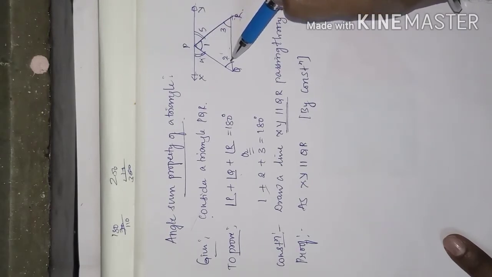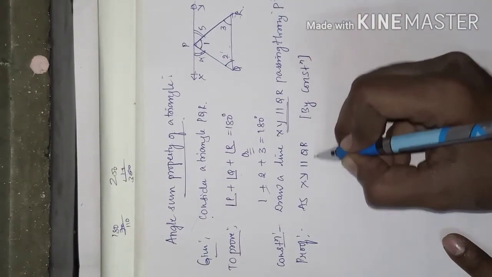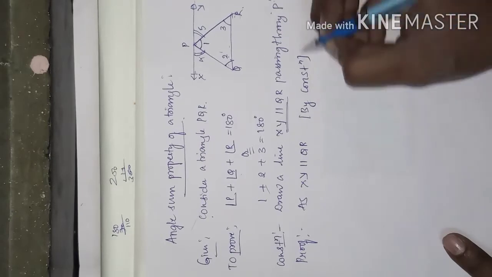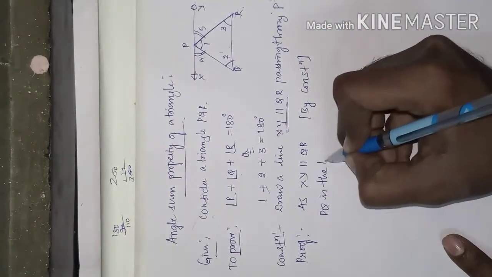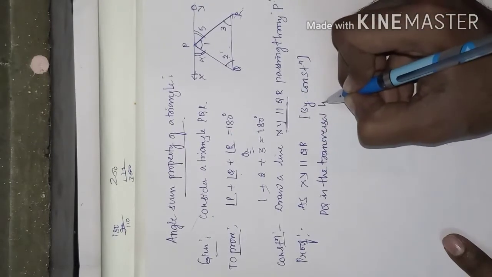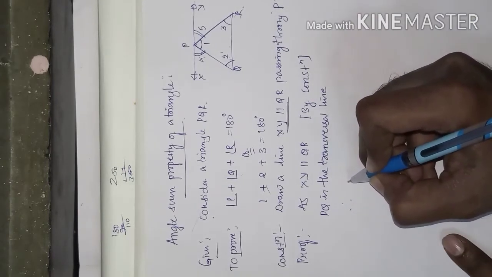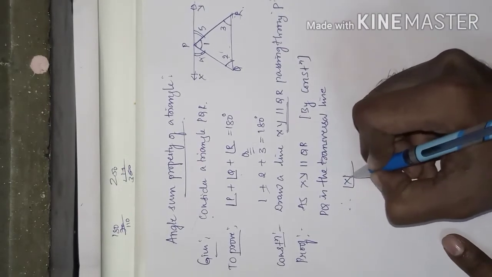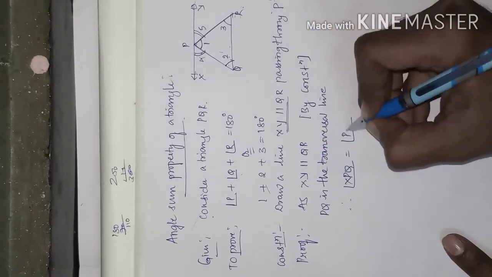Let me write this one. As XY is parallel to QR, and PQ is the transversal line, therefore angle XPQ is equal to angle PQR.